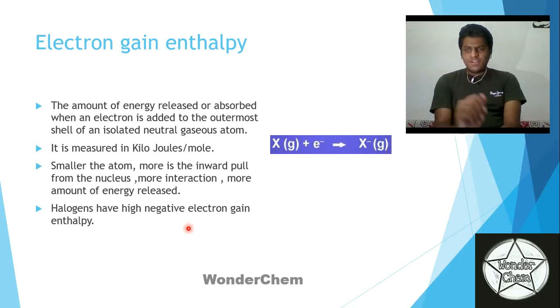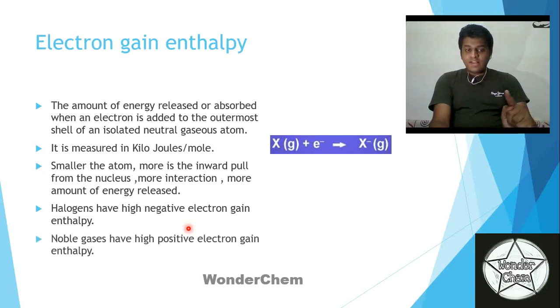I hope with the knowledge of thermodynamics you know that if some system loses energy, we call it an exothermic process and denote it with a negative sign. And if a system gains energy, then we call that an endothermic process and it is denoted by a positive sign. So then noble gases have high positive electron gain enthalpy.